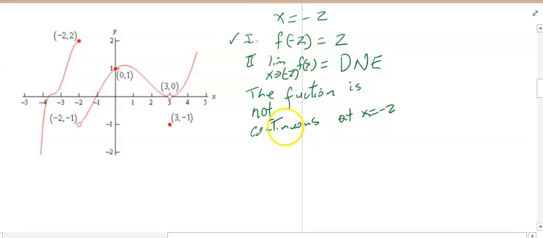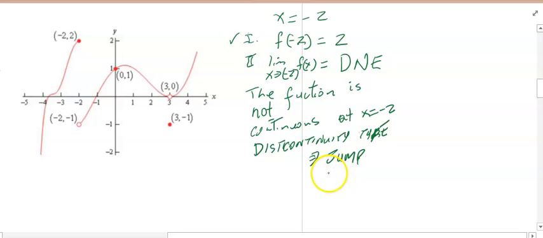So it has a discontinuity. What type of discontinuity does it have? The discontinuity type is a jump discontinuity.